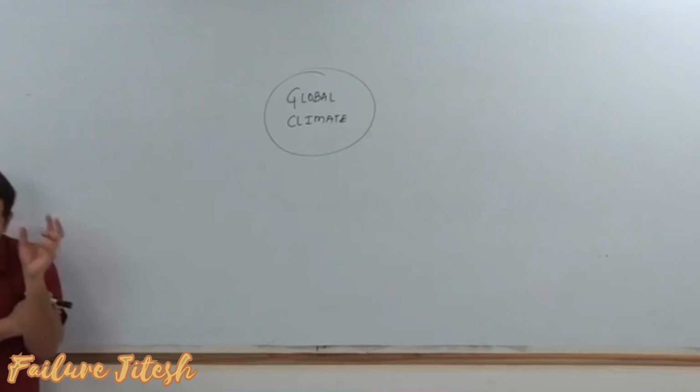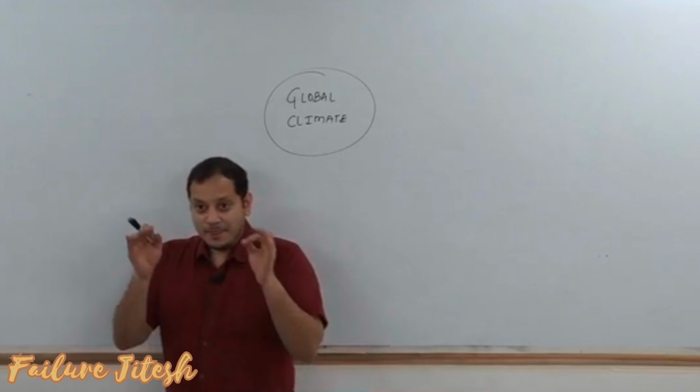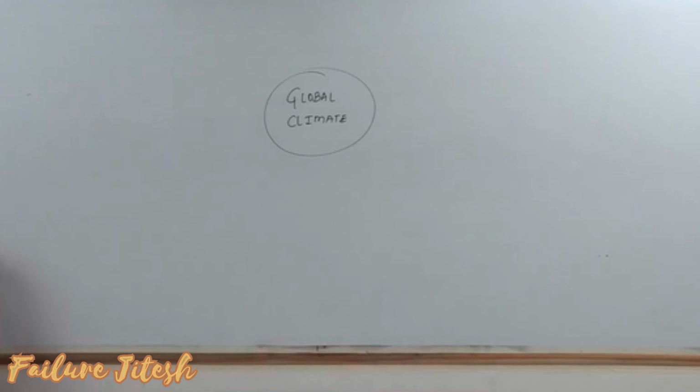So you can start with anything that is the biggest challenge in this phase, the global climate change. Though human beings are more responsible for the global climate change, but there are some of the natural reasons for the global climate change, and one of the natural reasons is volcano.